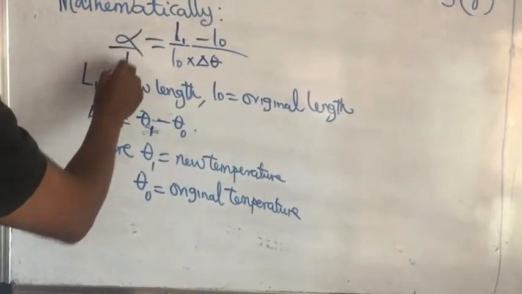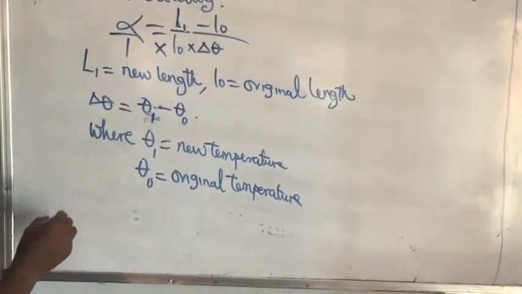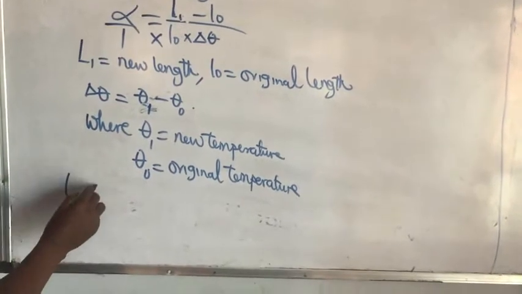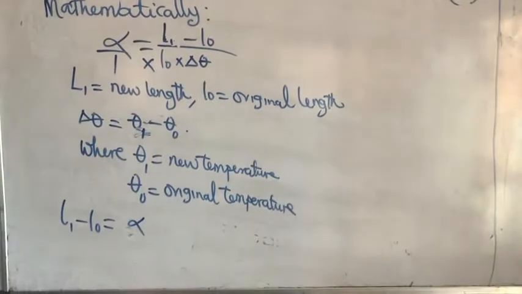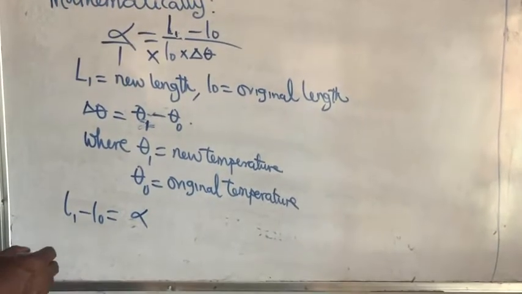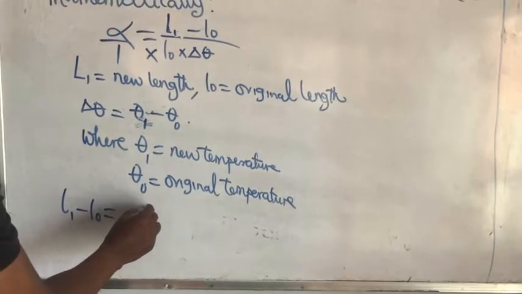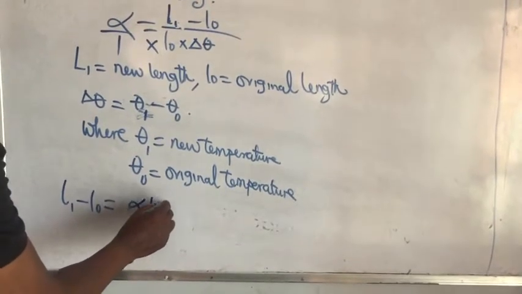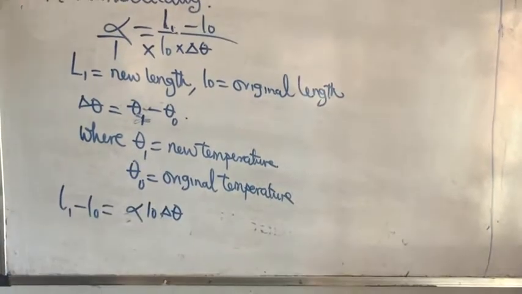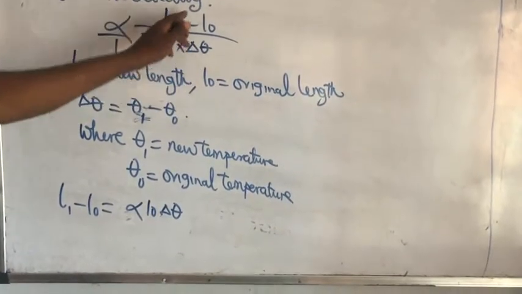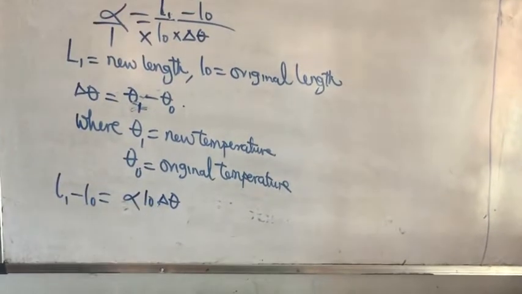So if we cross multiply here, we find that we are going to have L1 minus L0 equal to alpha L0 delta theta. Because when you cross multiply, this one comes and meets here, while this one comes here.